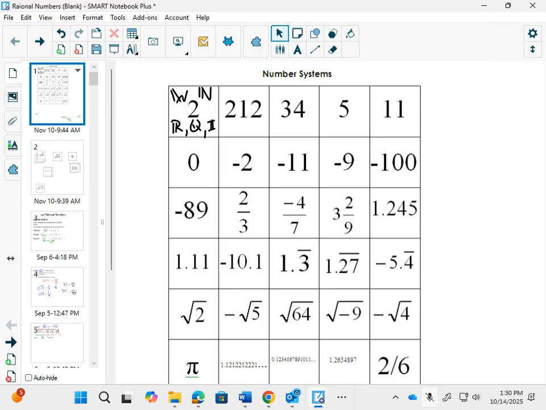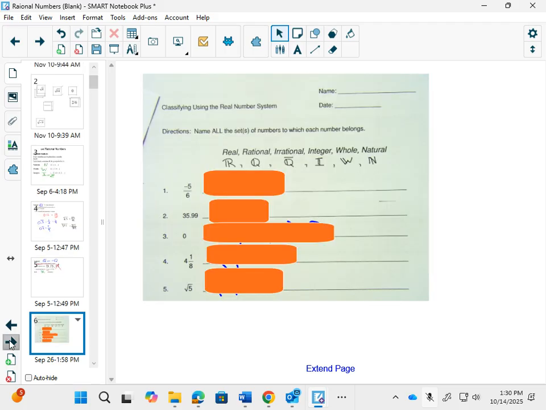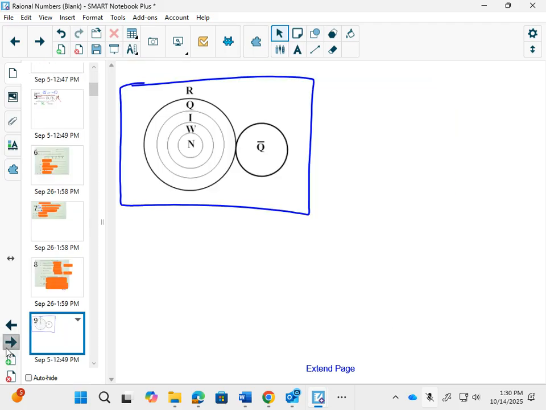So there's a way that we remember this, and that is with this picture. There are 2 main circles in this picture.